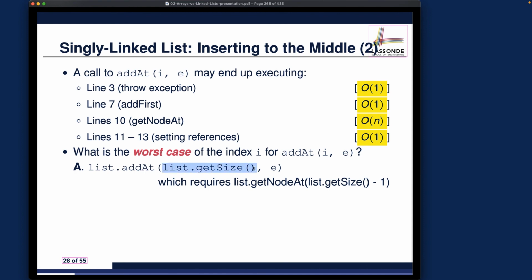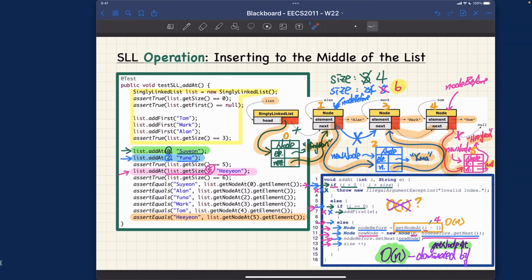And we did that for tracing exactly, right? You can see here, the last call we traced, we simply passed list.getSize. So in the case where we got 5 elements in the list, we try to insert the new node at index 5. What does that mean? That means the node before should be at index 4.